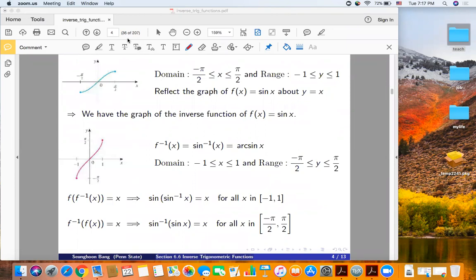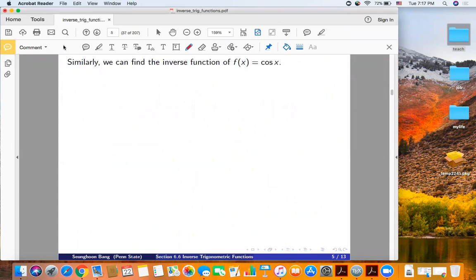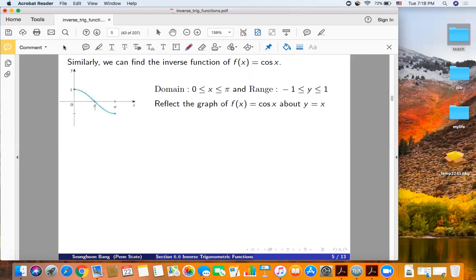We restrict the domain. The domain is 0 to pi, and the range is minus 1 to 1. Reflect the graph of f about y equals x, and we have the graph of the inverse function of f of x equals cosine of x.